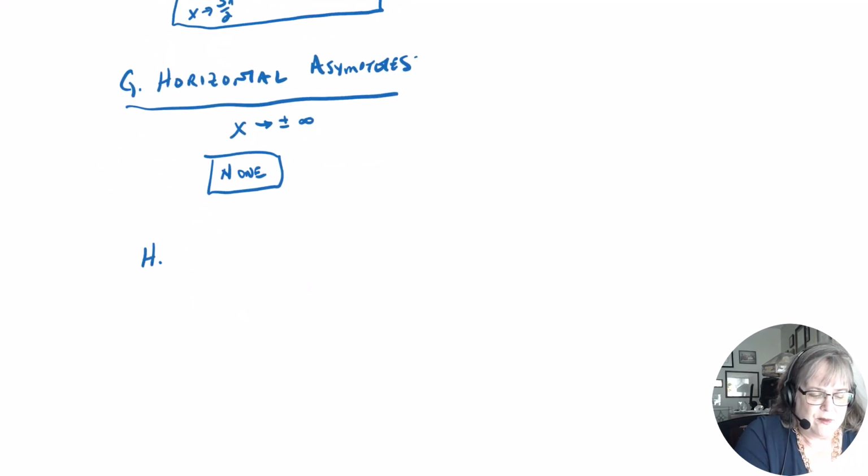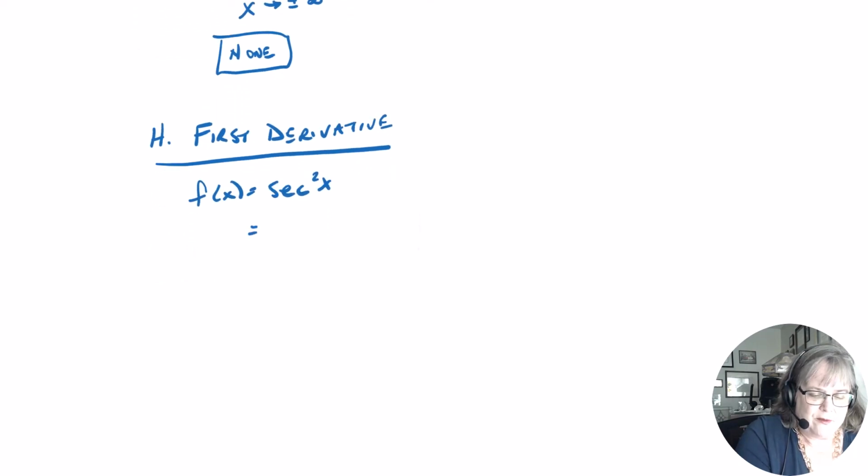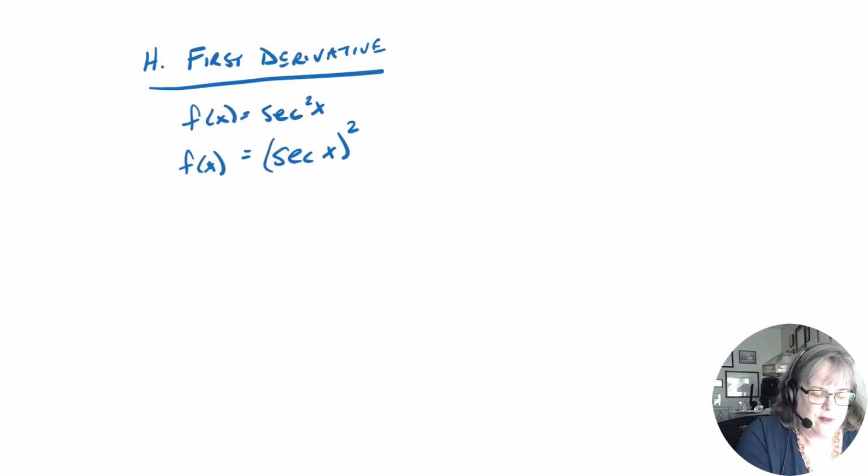Now let's do the first derivative. So it's been a while since we saw back up there. And that was our original function, but to take the derivative, it's probably a little easier for you to think of it mentally or by writing it down, either way, as secant x squared.